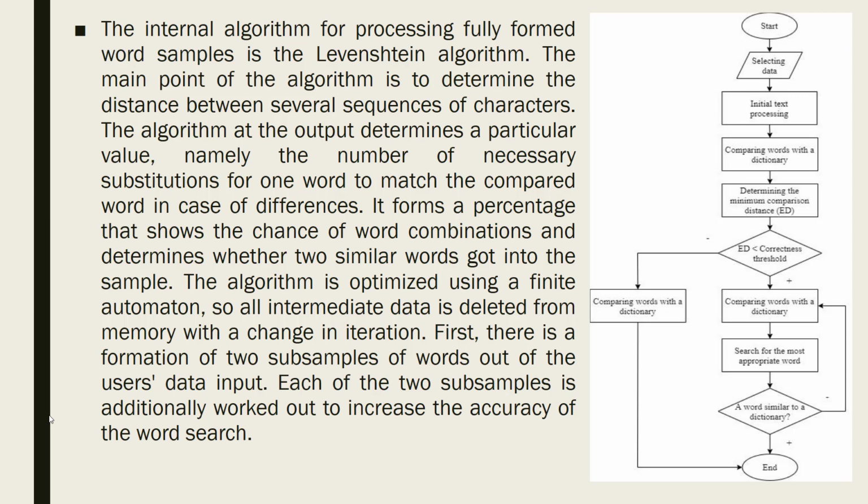It forms a percentage that shows the chance of word combination and determines whether 2 similar words got into the sample. The algorithm is optimized using finite optimization, so all intermediate data is deleted from memory with a change in iteration. There is a formation of 2 subsamples of words out of the user's data input.